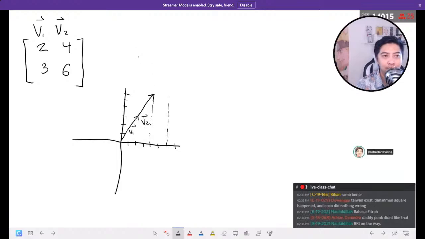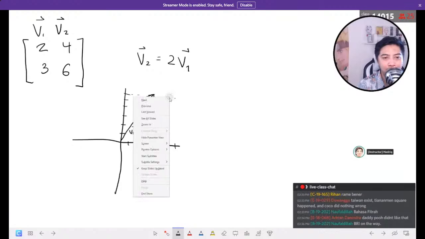You can imagine here that V2 is equal to V1 times 2. Which means, if you want to represent a point, say 6,6, can I utilize or make use of these two vectors to reach this point?